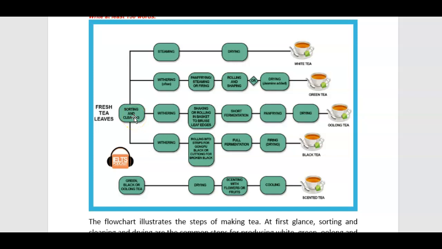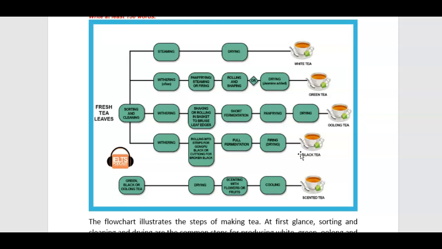The last step is also common to all tea types, and that is that the teas are dried. Only white tea has an intermediate step, which is steaming. And then you're done with white tea. You don't have to talk about it again. The other 3 tea types, green, oolong, and black, share their second step, which is withering.